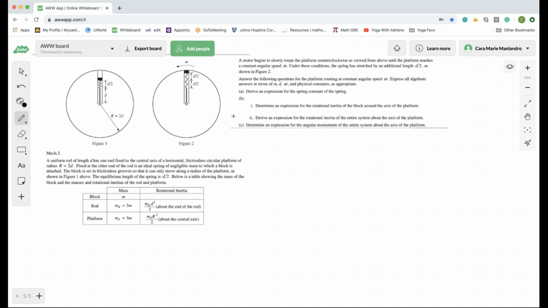All right, so for part A, we're going to derive an expression for the spring constant. For this one, we're going to say that the force of the spring has to equal your centripetal force. All right, and then that would have to equal m times a.